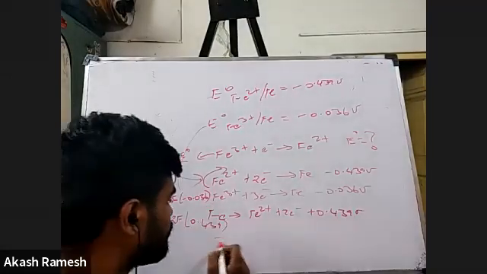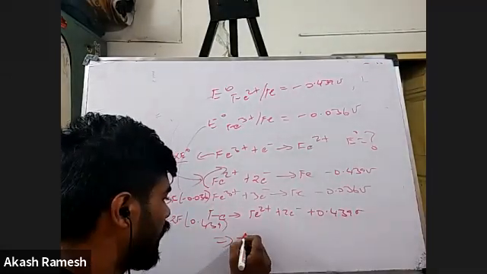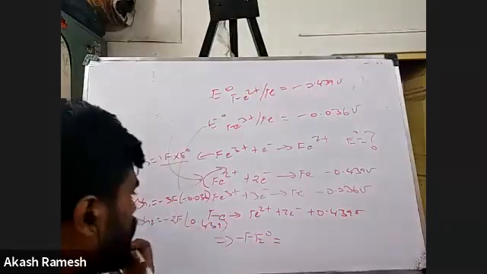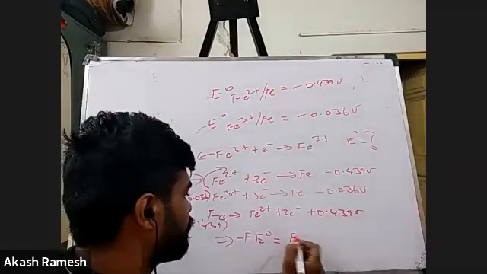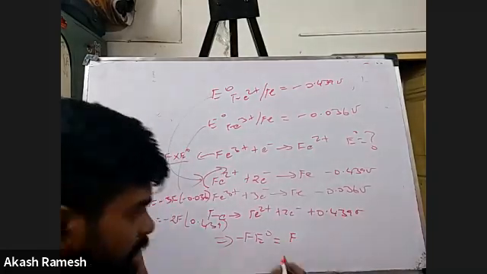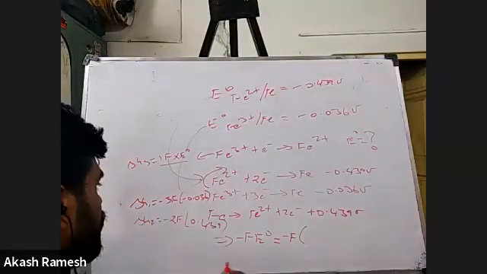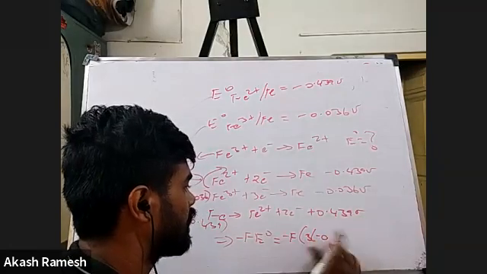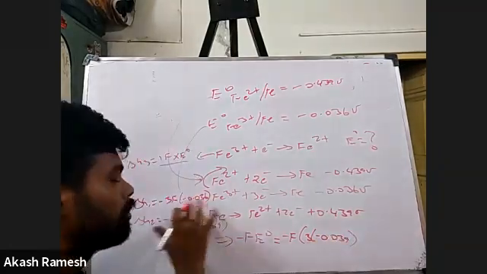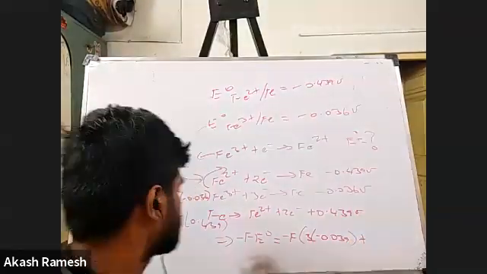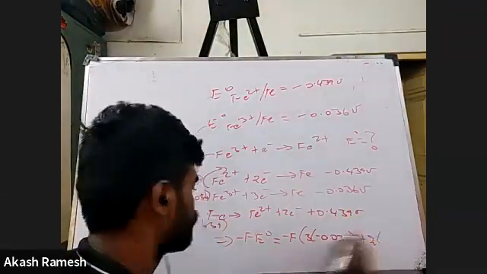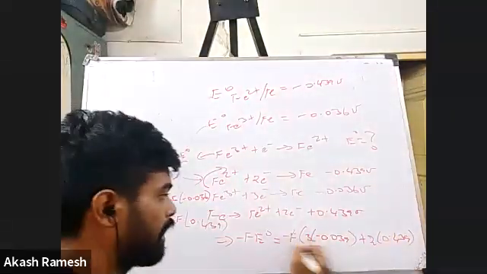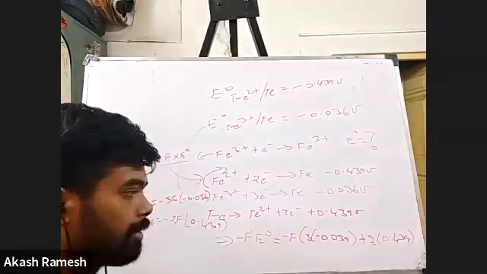So I can write here minus F into E naught is equal to the sum of these two values. If I take minus F out, it is minus F into 3 into minus 0.036, plus 2 into 0.439. So F and F get cancelled.